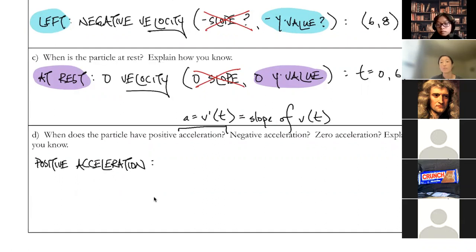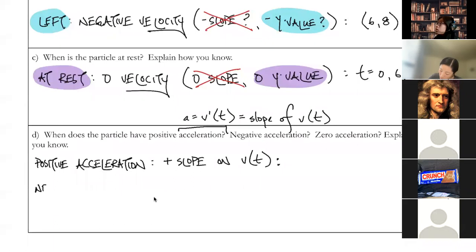Okay, and so if we're looking for positive acceleration, we are looking for a positive slope on v of t. Okay, so we're looking for a positive slope on v of t. Anytime that happens, we're going to have positive acceleration. Okay.